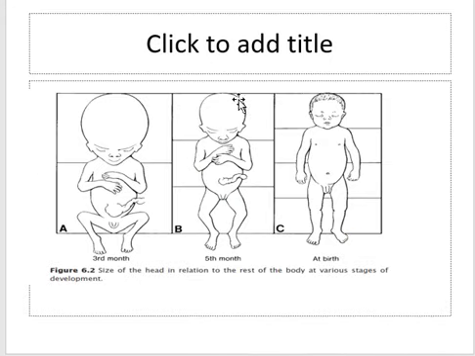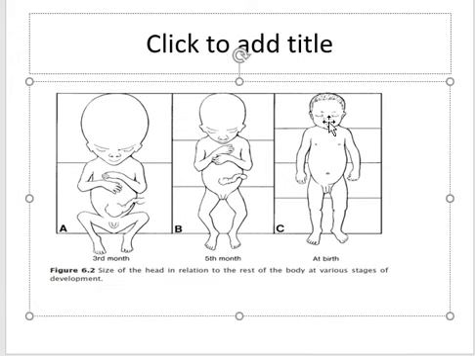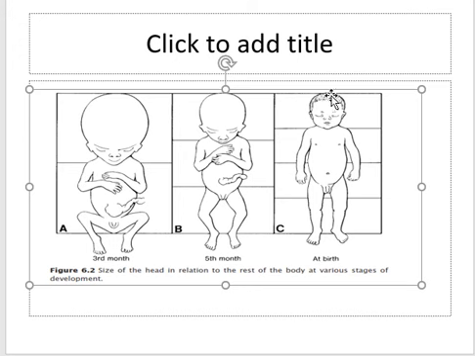At the time of the fifth month, head is about 1/3 of the crown heel length. And at birth, head is 1/4 of the crown heel length. So half at third month, 1/3 at fifth month, and at birth it is 1/4.